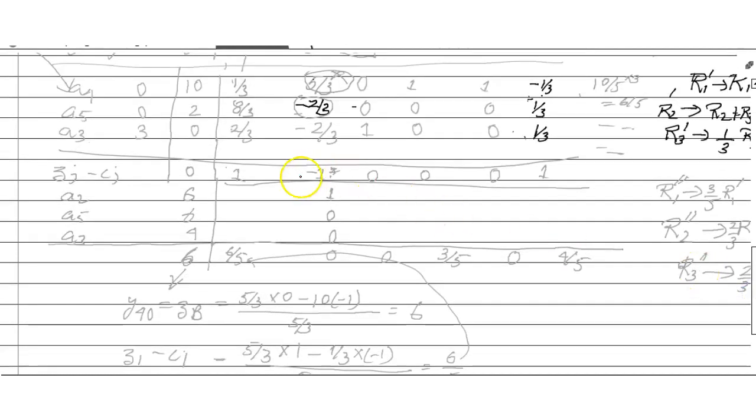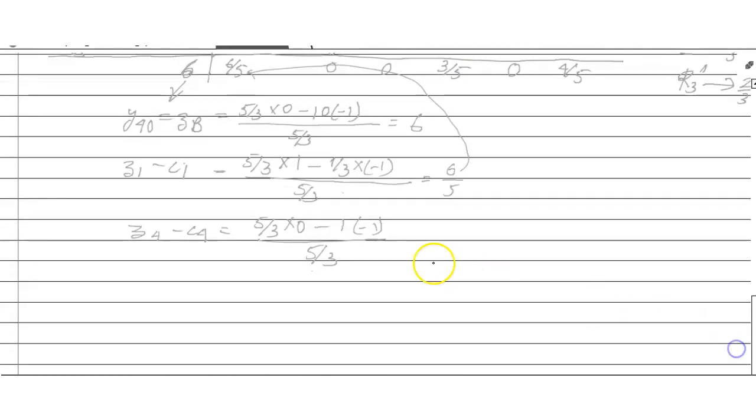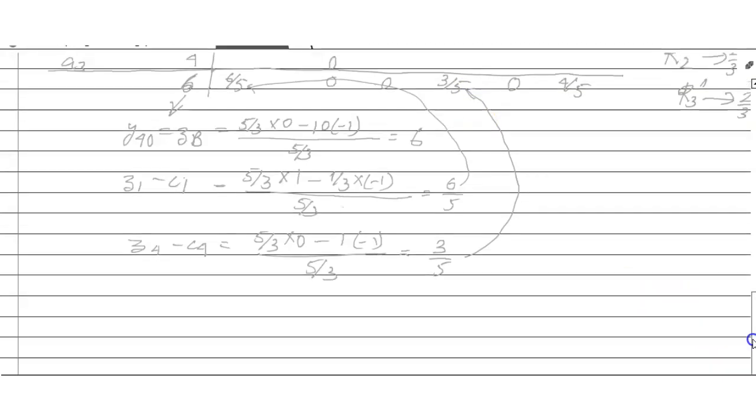Another way is very simple. When you multiply 5 by 3, simple calculations, this will become 0, this will become 3 by 5. I see this is the minus 1, equals, you get 3 by 5. This is one of the ways. Another way is very simple.